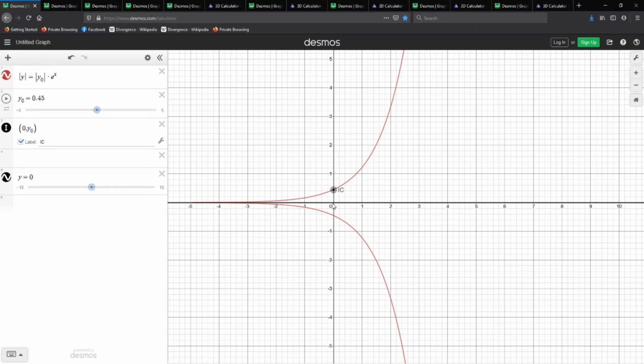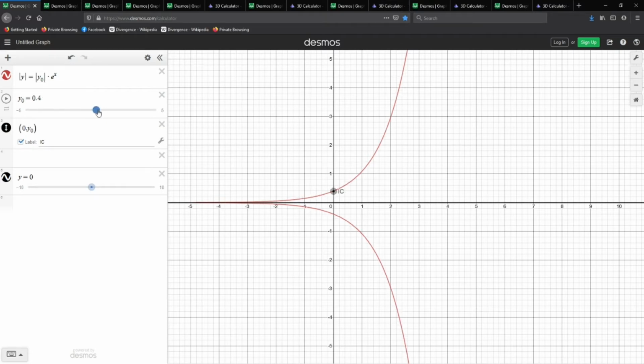The first orbit set is from 0 to positive infinity in y. The axes here, this is the t-axis, and then this is the y-axis. And the solution, if we have an initial condition at t equals 0, starting right here, say, y0 equals 0.45, we're going to shoot off to positive infinity for positive t as t goes to positive infinity.